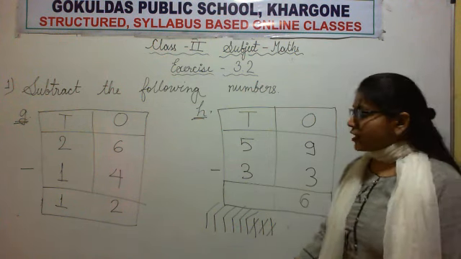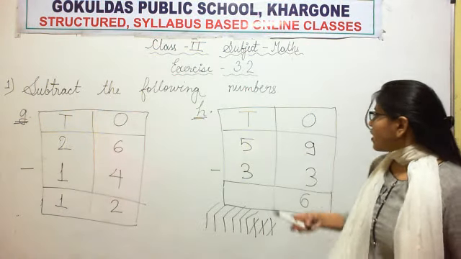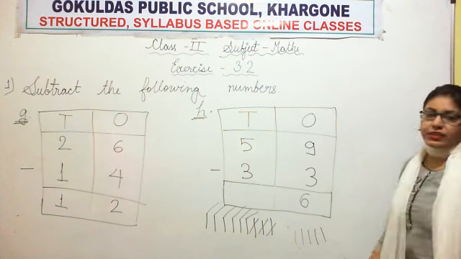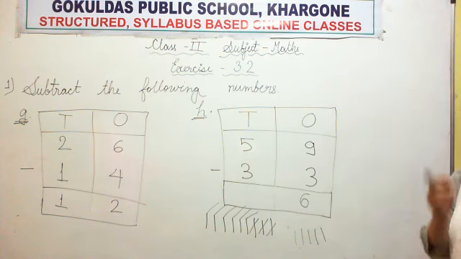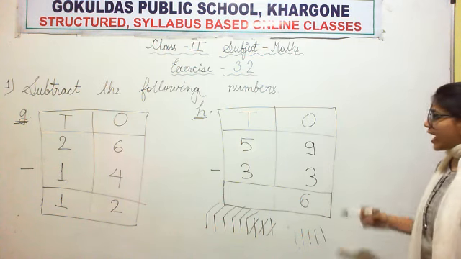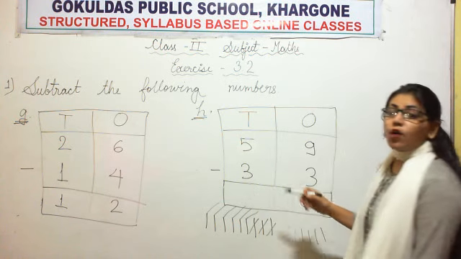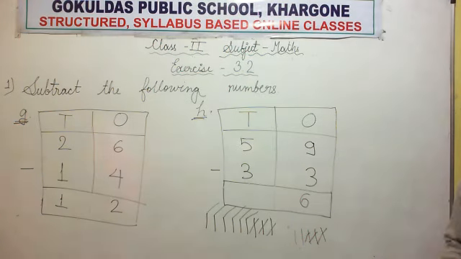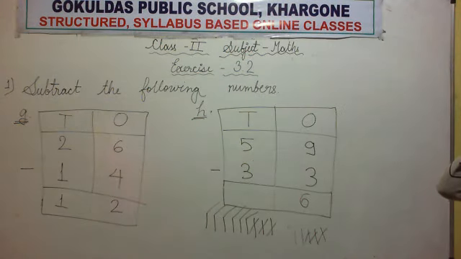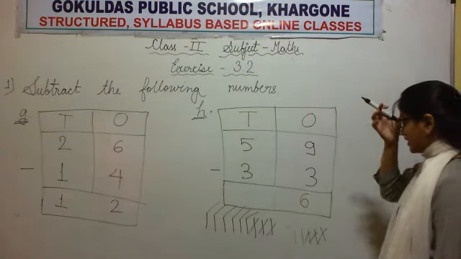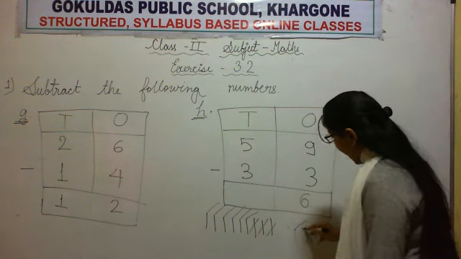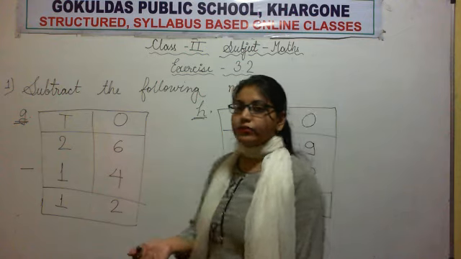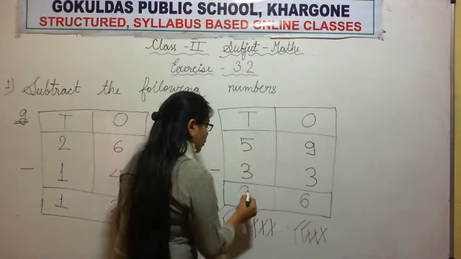Now moving towards tens. 5 minus 3. First of all, we will draw 5 sticks. Minus 3 is there, so we will cancel out 3 sticks: 1, 2 and 3. Now let's count the remaining ones: 1 and 2. 2 sticks are left, so we will write the number 2.